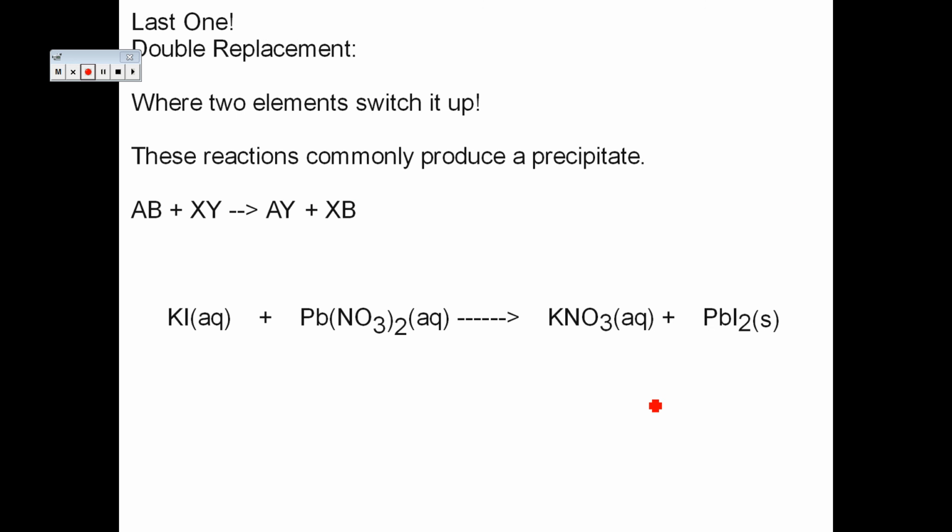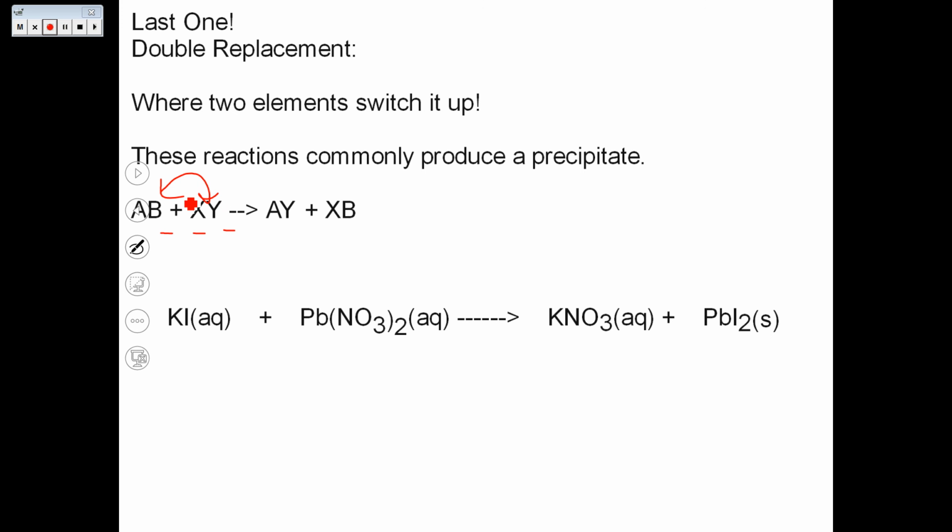All right, the last one is a double replacement reaction where two elements are going to switch up. So you have compound AB plus another compound XY, or I think I called it CD before, and the B and the X are going to switch places. So you have A with Y. No, I'm sorry, the B and the Y are going to switch places, and then you have XB.